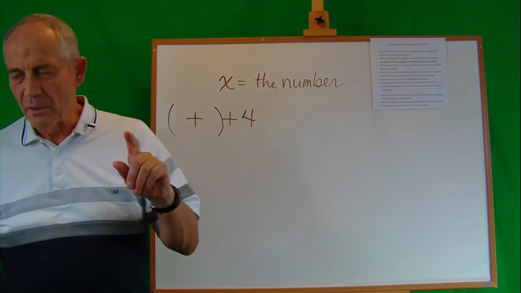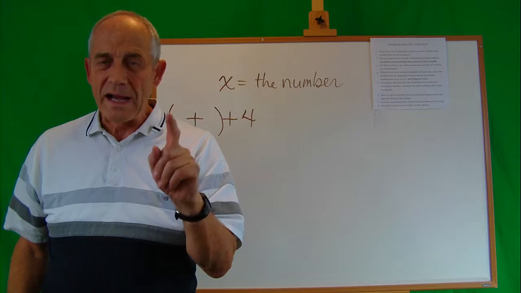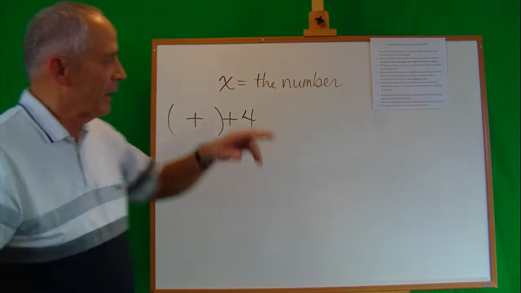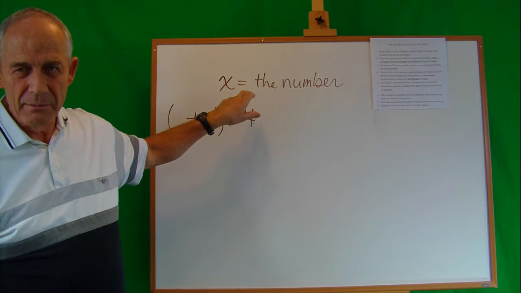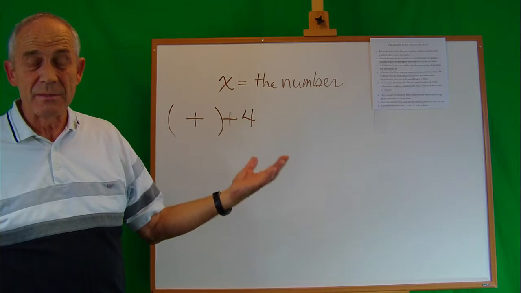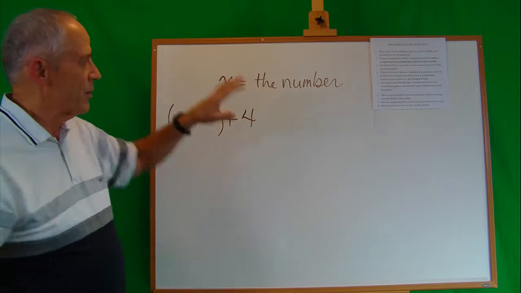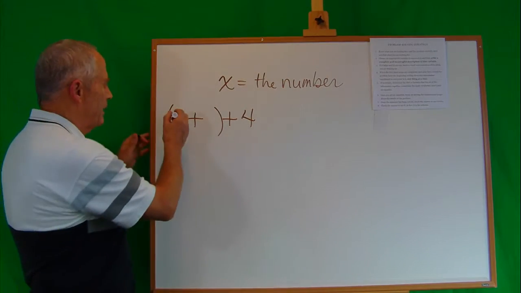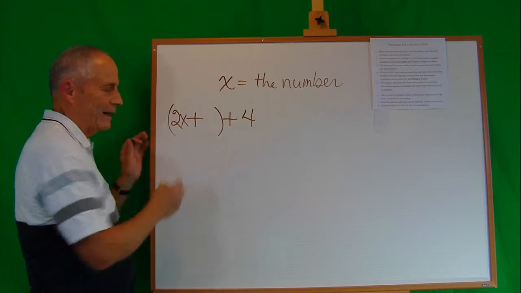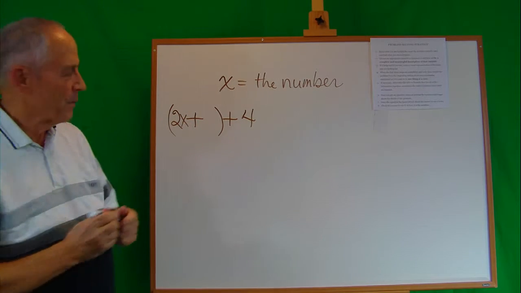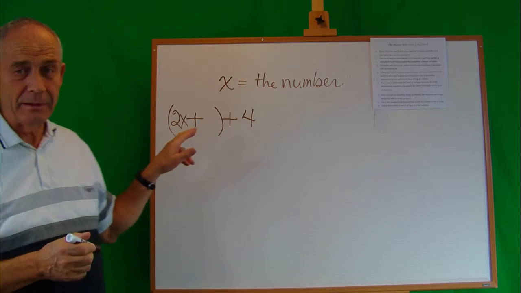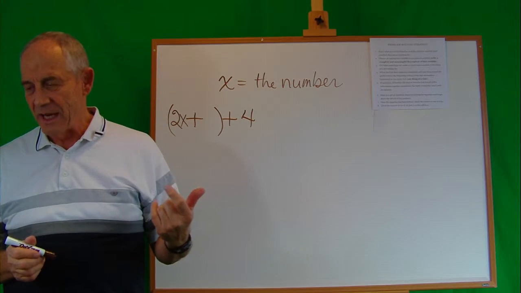Okay, 4 is added to the sum of twice a number. Well, how do we find twice the number? Well, if we know that our number is x, twice just means 2 times. So once I got that right up there where I can see it, then it's easy for me to write 2x in there. 4 is added to the sum of twice the number and 3 times the number.